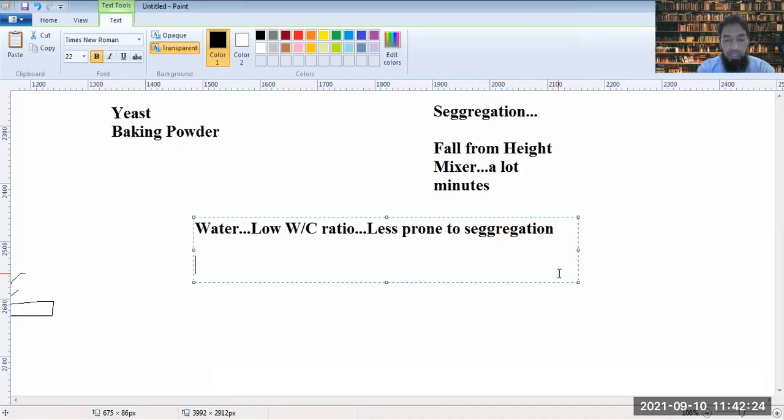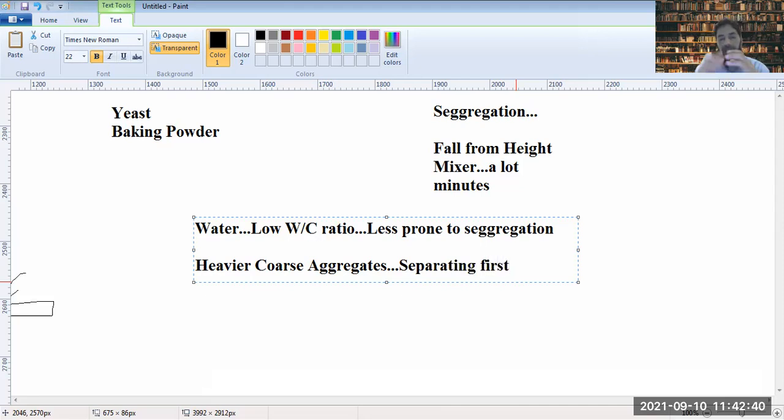Then the fourth one is heavier coarse aggregates. The heavier coarse aggregates separate first because they are heavier. So what should the aggregates be?